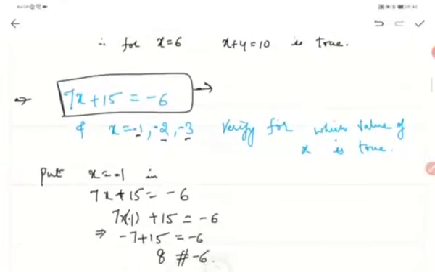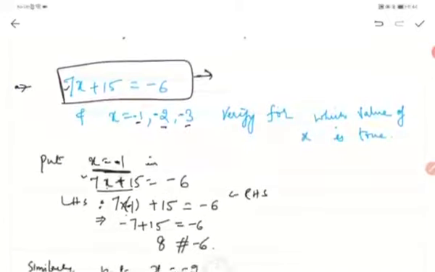First I put the value of x as minus 1 in this equation. So 7 into minus 1 plus 15, this is the LHS side. We are substituting x as minus 1, and the RHS side we are putting as it is. 7 into minus 1 is minus 7.